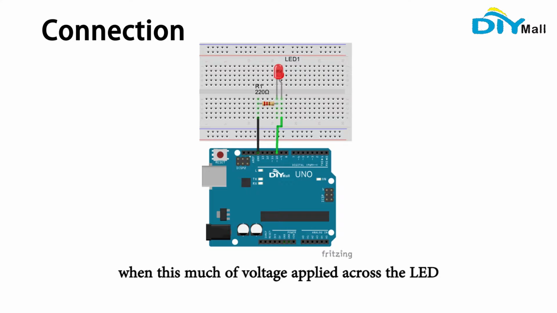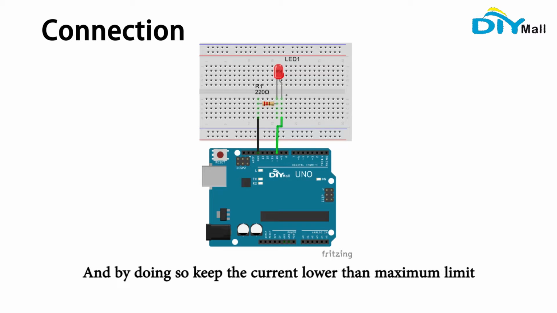When this much voltage is applied across the LED, about 250 mA of current, current multiplied by resistance equals voltage, will flow through the LED, and this will cause the LED to burn. So what this resistor does is keep the voltage across the LED within its working range, and by doing so, keep the current lower than the maximum limits.